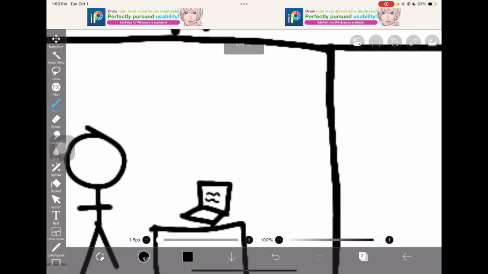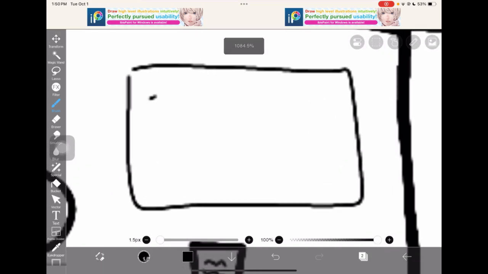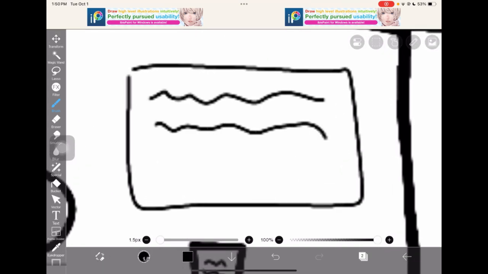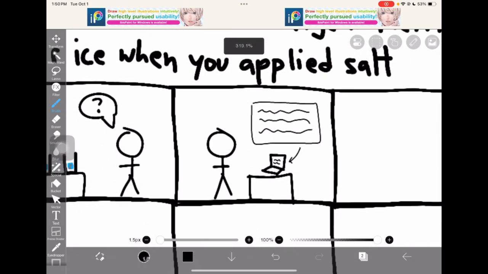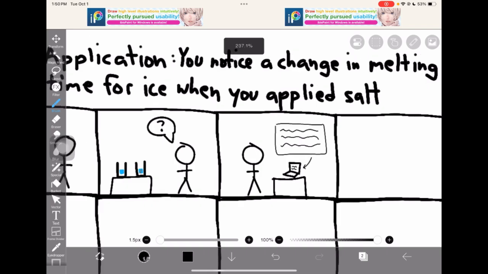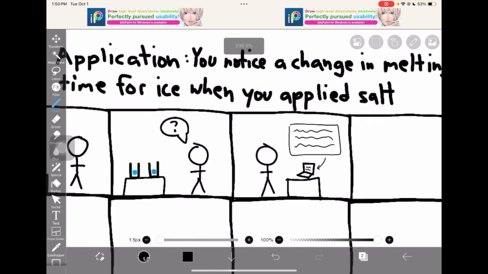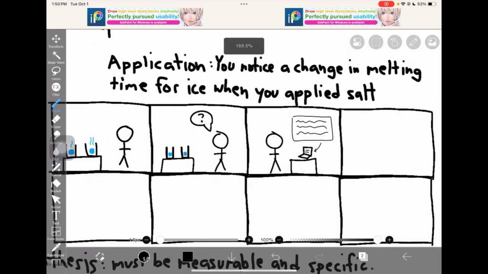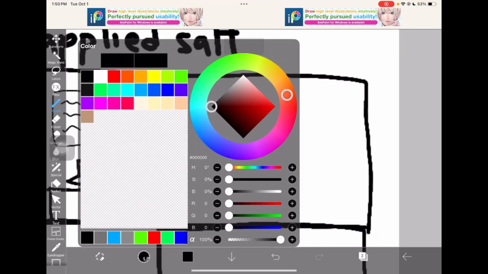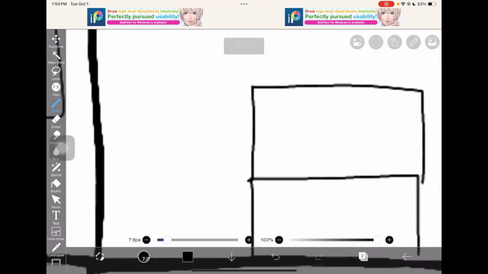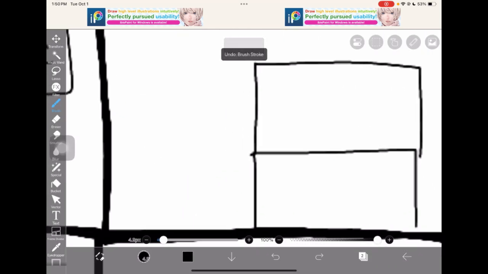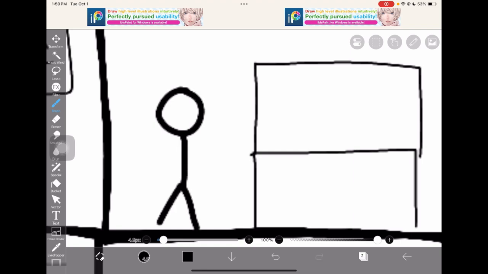And then you see these articles about what is the effect of salt on ice, or the melting time of ice. And then you go to your drawing board here, and then you make up something called a hypothesis. What is a hypothesis? So let's just draw that as well.